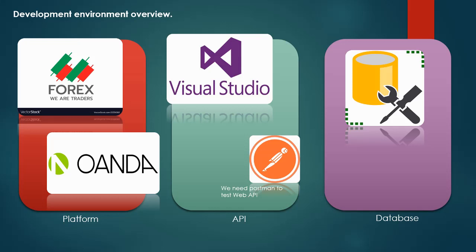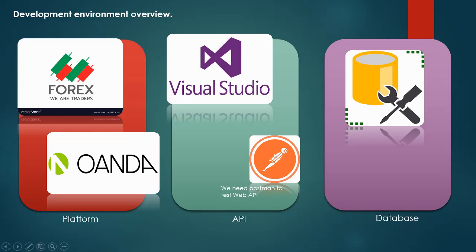This part is really important, and the tools are chosen by the other team. They chose Visual Studio, and the language is C#, to develop code like web API to transfer the data.